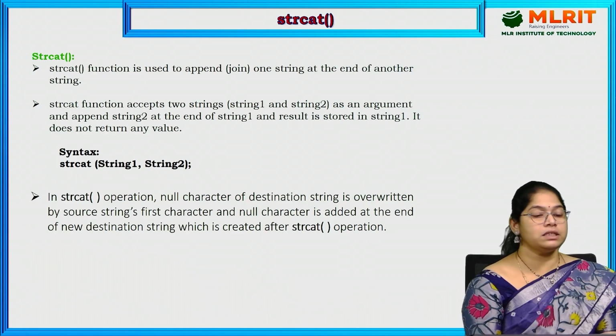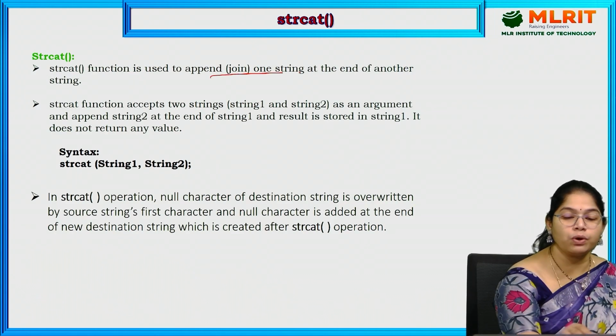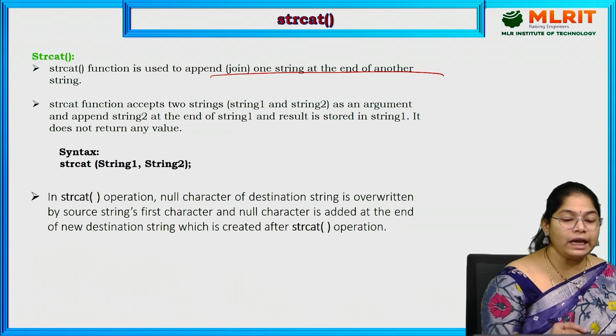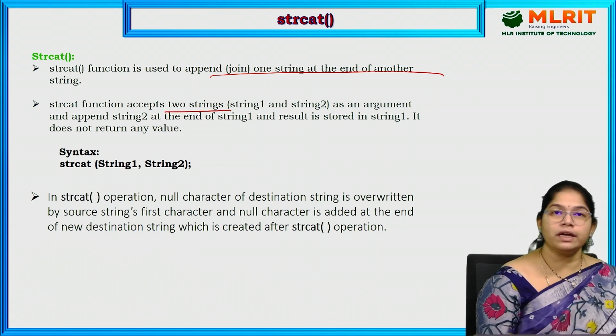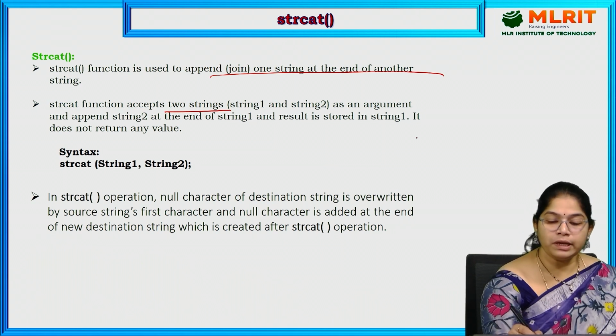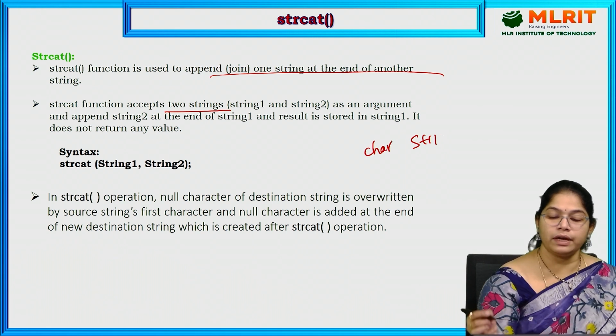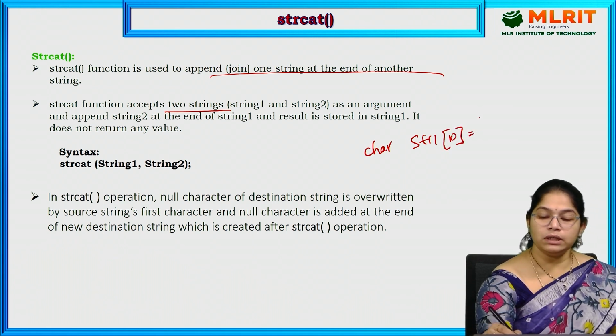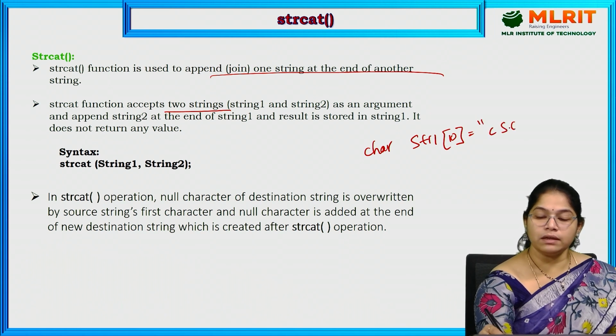Then next strcat, this function is used to join one string at the end of another string. It also accepts 2 strings as arguments. Suppose str1 is of character type, str1 of size 10, is equal to CSE.